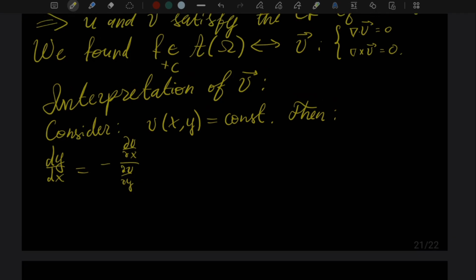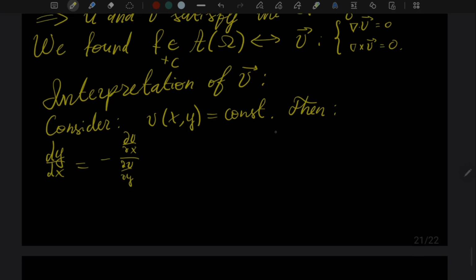Now, why do we have a minus sign here? Since we consider the x and y along which v is constant, then the differential of v along these points is 0.